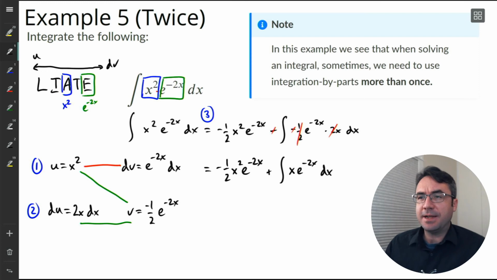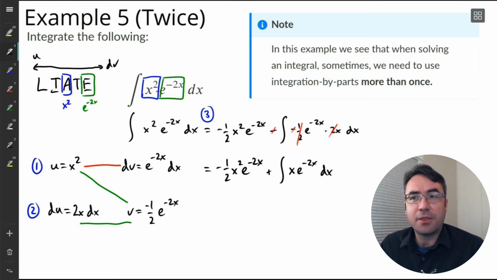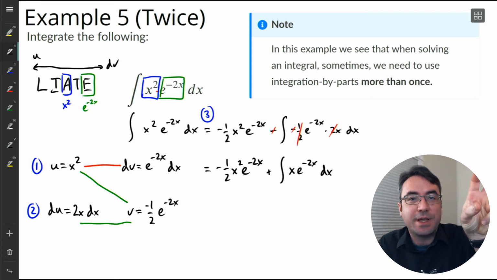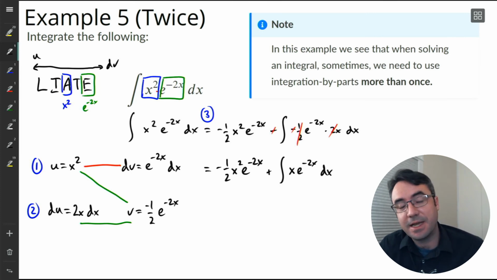And if we look at that, it's another product. It looks sort of similar to the one we started with. We started with x squared times e to the negative 2x. Now we have to do this integral of x times e to the negative 2x. The only difference here is we went from an integral with an x squared, and now we've gone down a power, so we have an integral of just an x times the exponential.